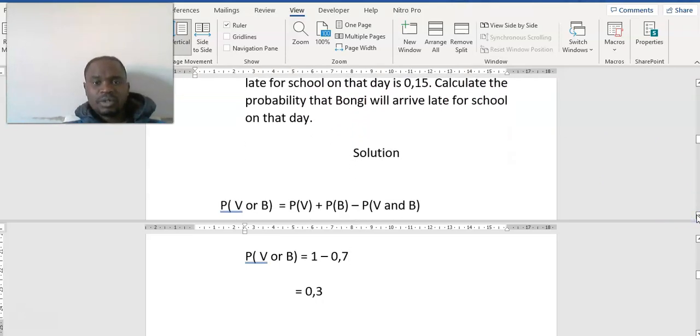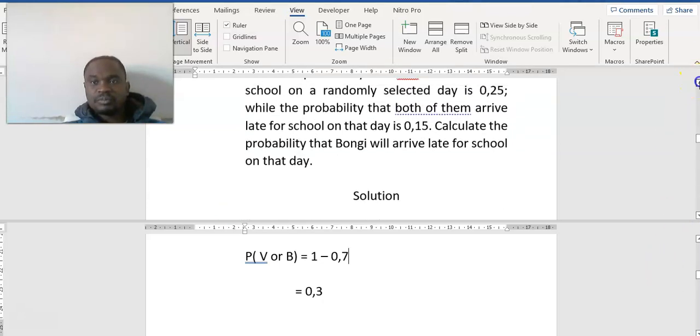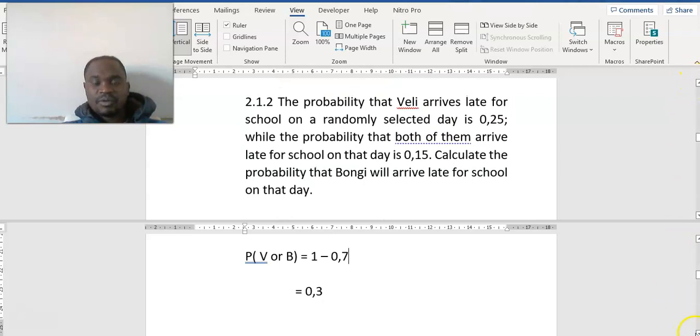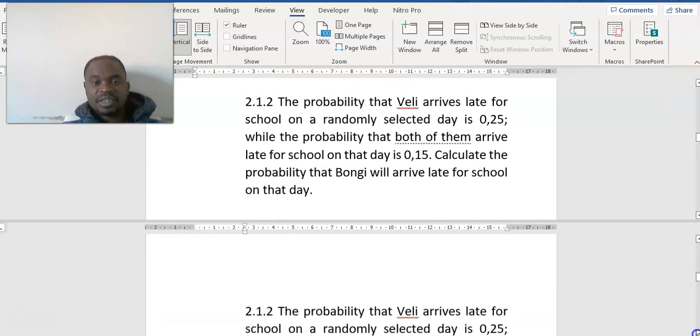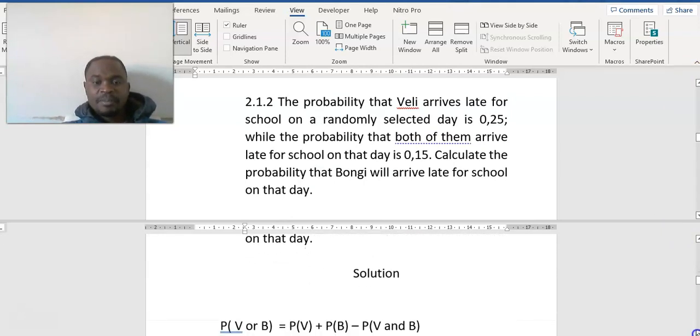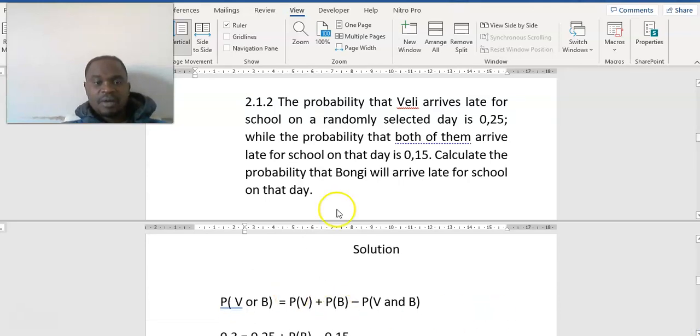Okay, so this is our question. Let's look at how we answer it. We are calculating the probability that Bongani will arrive late for school on that day.